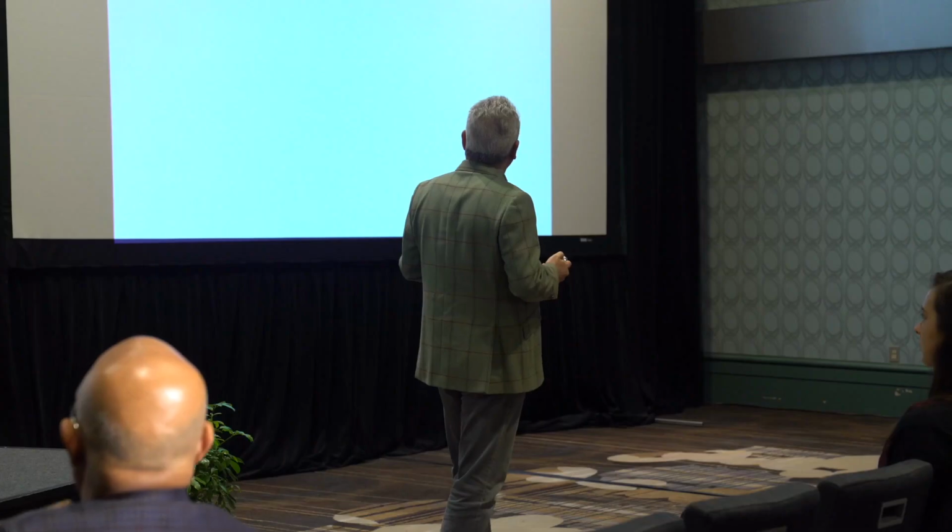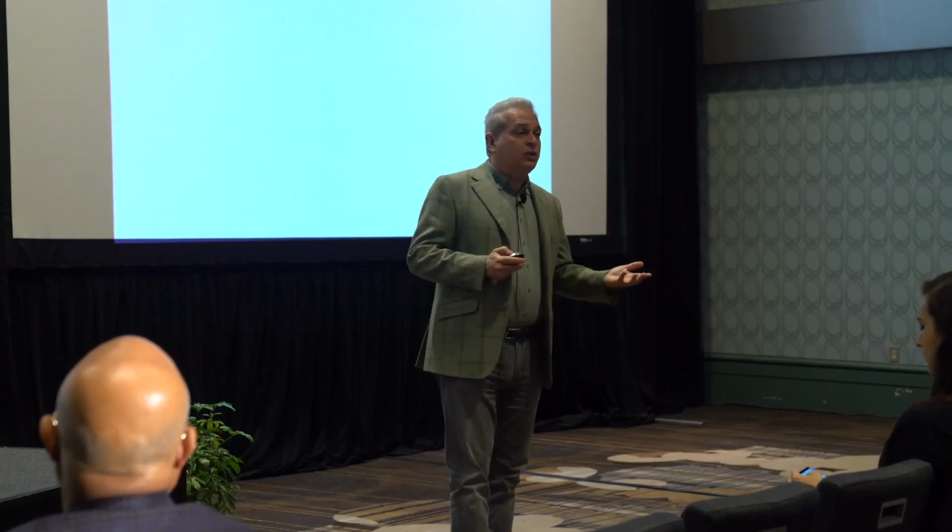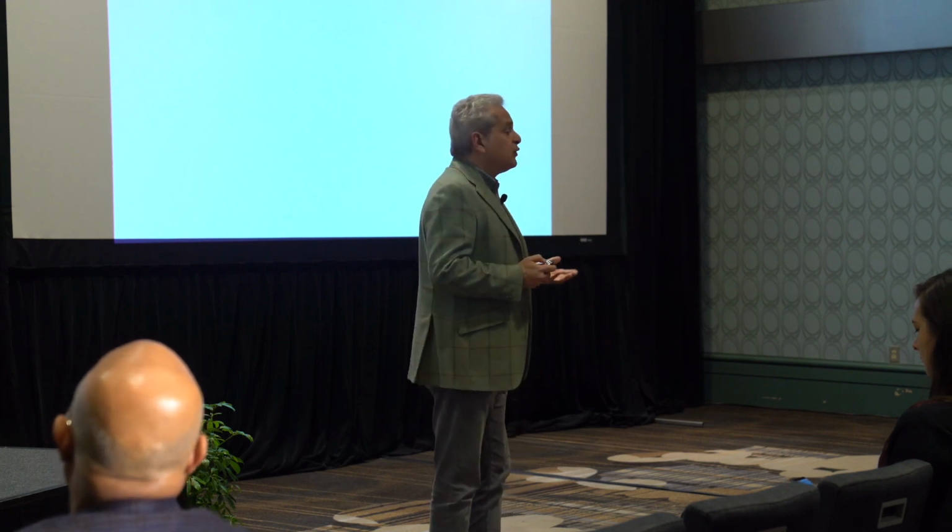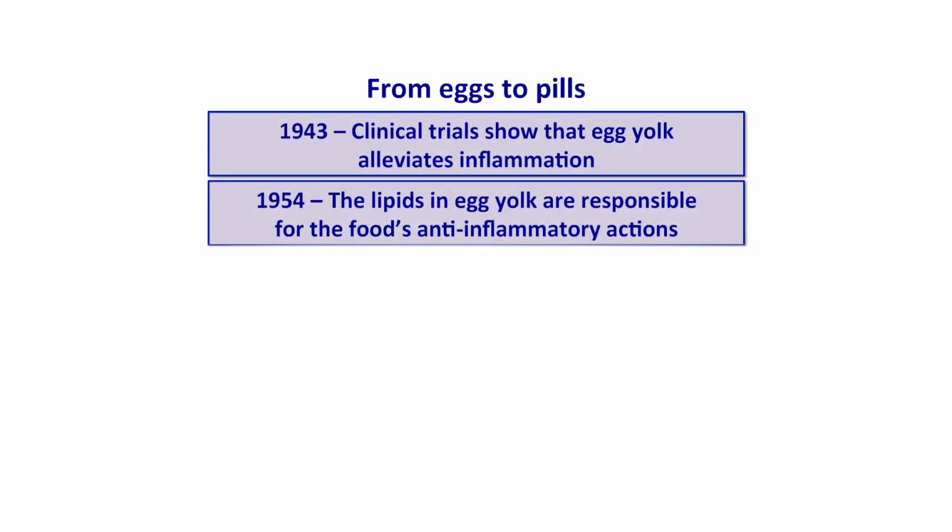And that discovery brought scientists to ask the question, what chemical component of egg yolk is responsible for the anti-inflammatory effects? And scientists discovered that it was a lipid. So it was not the protein, it was not the sugars, but was rather the lipid component, which of course in egg yolk is very abundant, as you know.